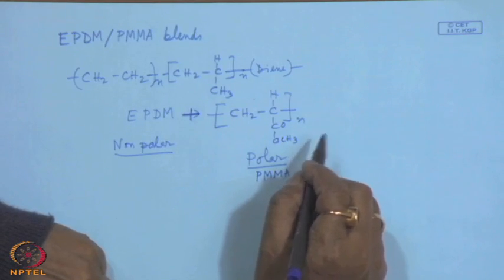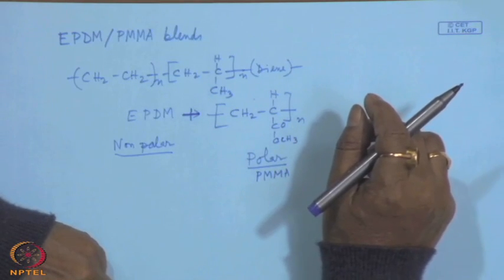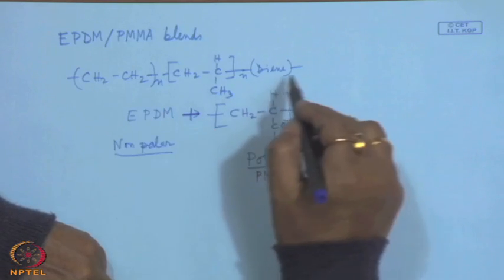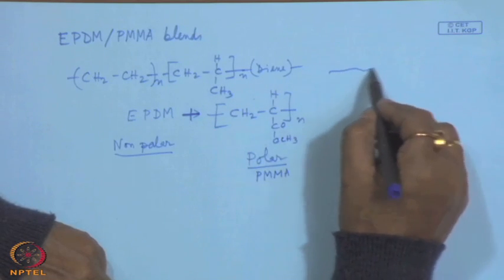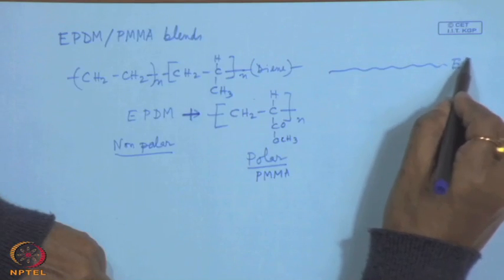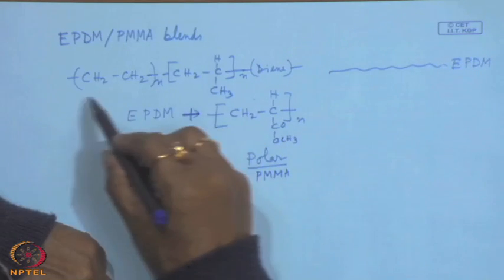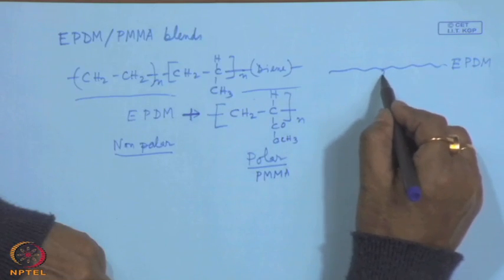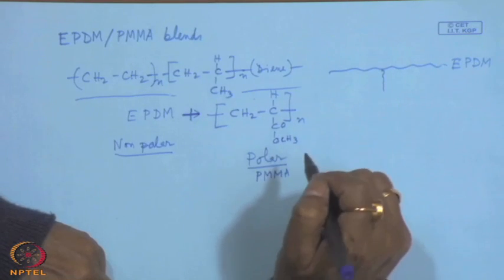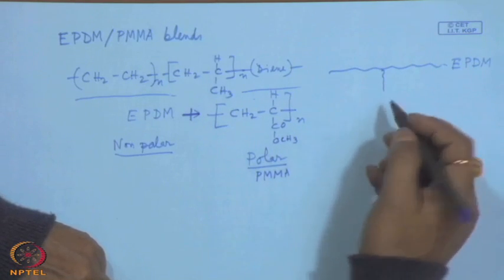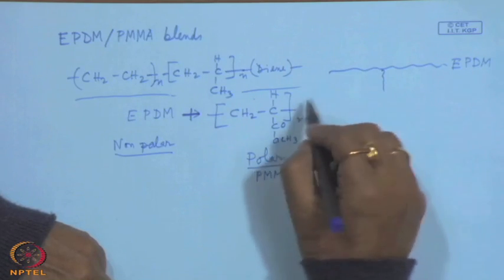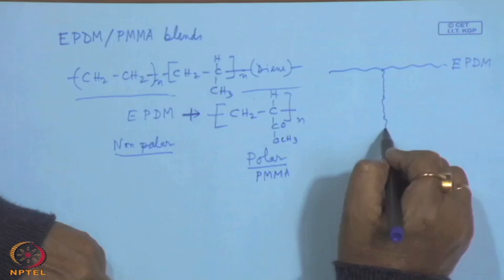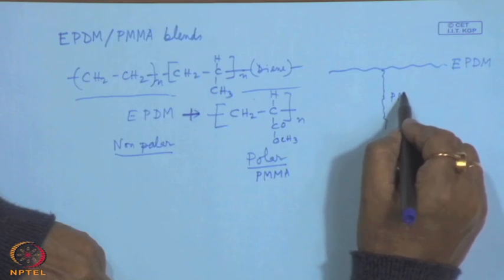But that can be compatibilized if one takes such EPDM molecule, having this kind of chemical structure, onto which if this kind of polymer can be grown by grafting. So, this is PMMA chain.